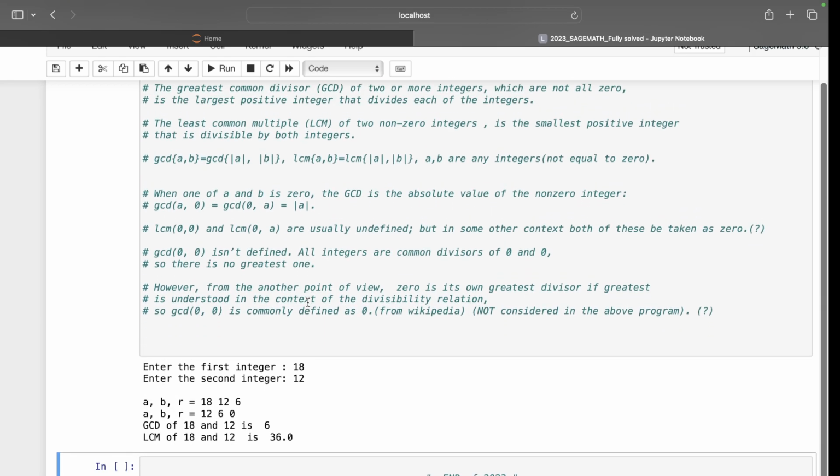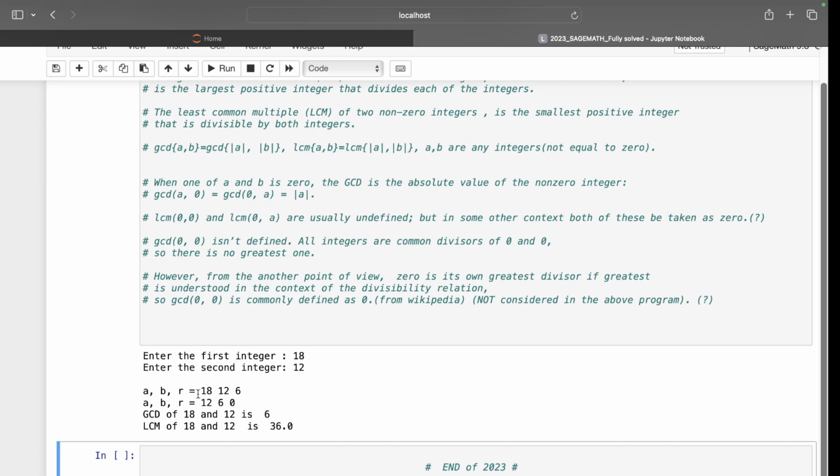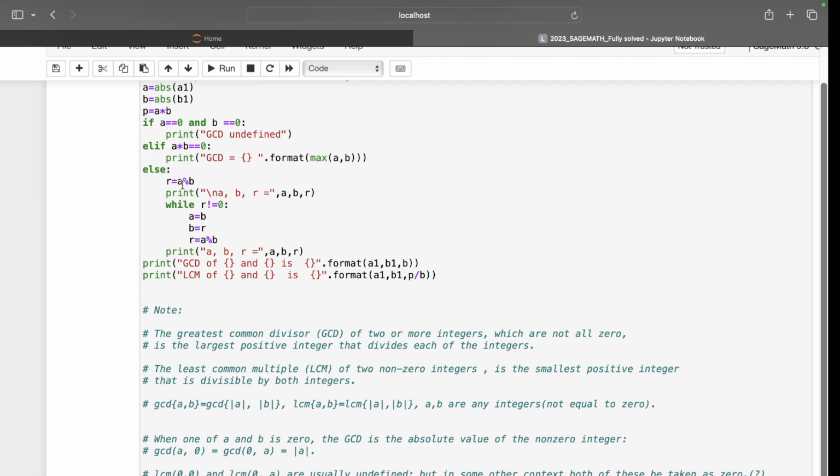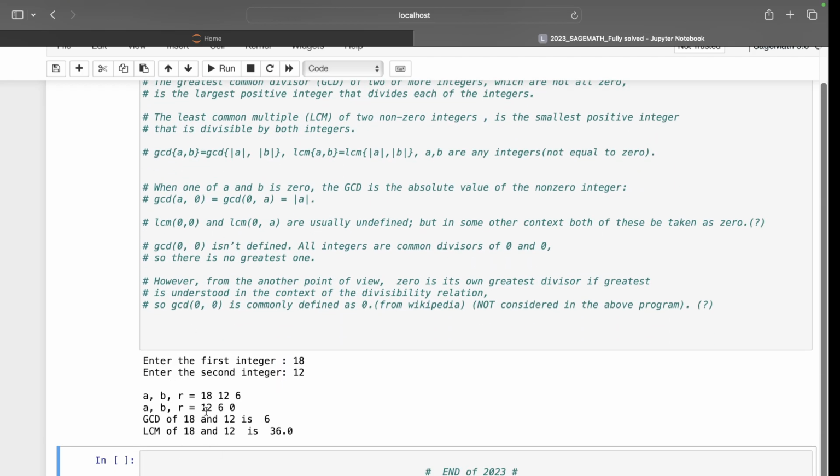So with A and B being 18 and 12, R is 6. Actually, in the else branch, R equals A modulo B, the remainder after division of A by B. So when we divide 18 by 12, the remainder is 6.